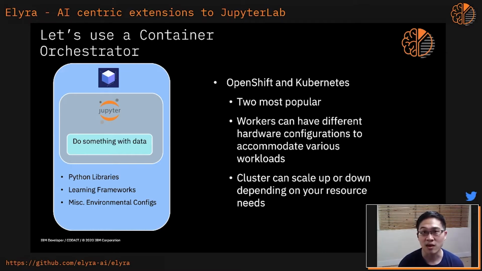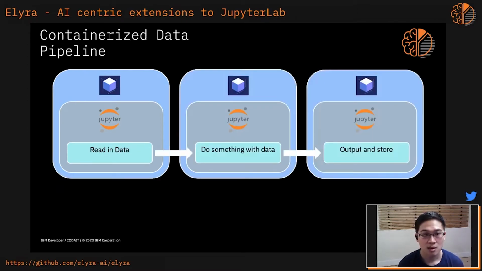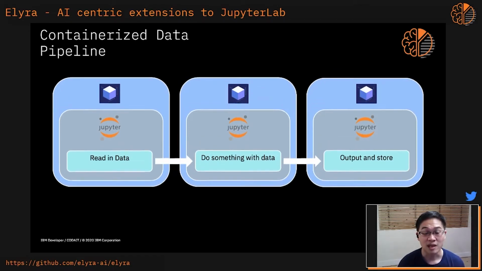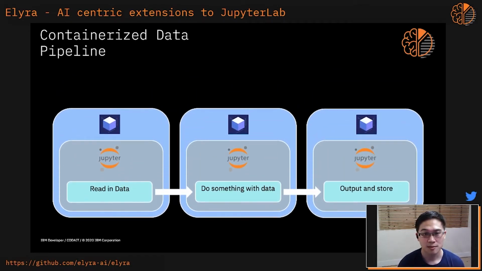It can scale up and down depending on whether you need more resources like CPUs and TPUs and GPUs a lot, or if you're in a lull, like say during Christmas break, and you need to wind things down, you can bring the cluster down to a more manageable level. So in the end, your pipeline will end up looking something like this.